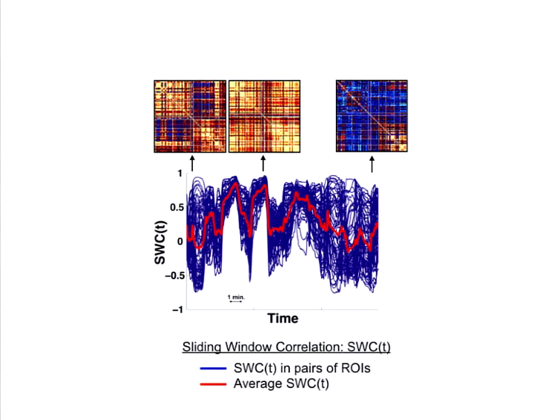So for example, do we need a different model in the middle here, where we have on average a very highly connected brain, versus the end of the scan where the connections seem to be weaker?